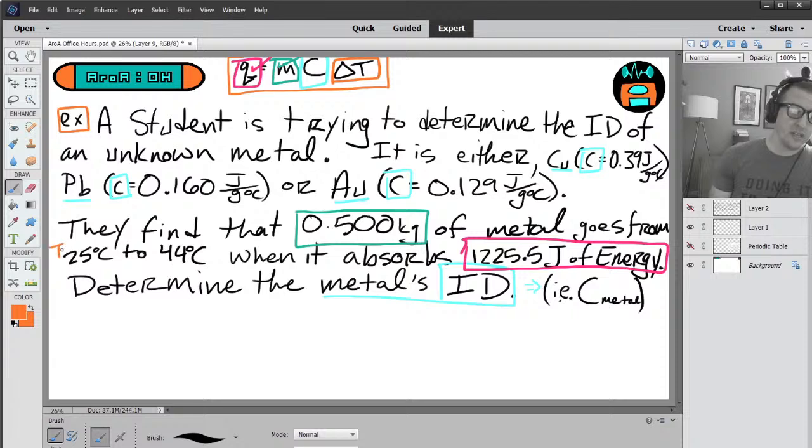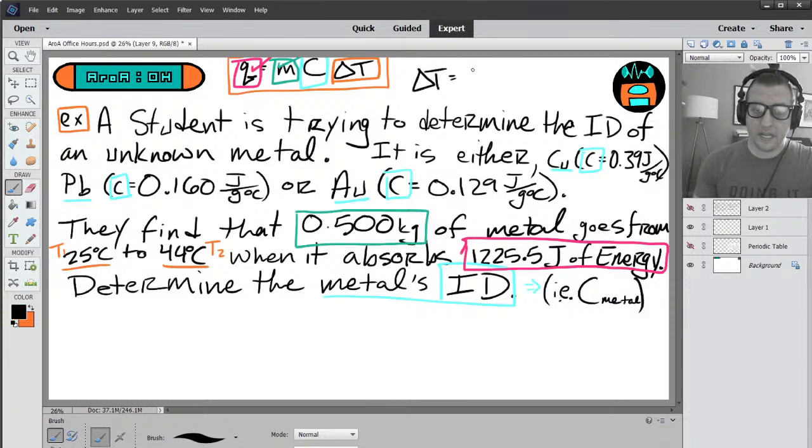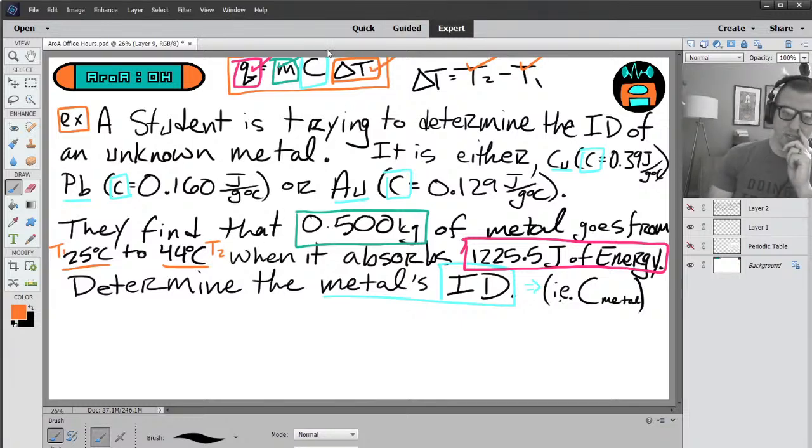We're given initial temperature and final temperature. So we've got to calculate our delta T on our own, but we can, because change in temperature is equal to final minus initial, and we have both of these. So I'll put a tentative check there. That means we have enough information to solve for C.